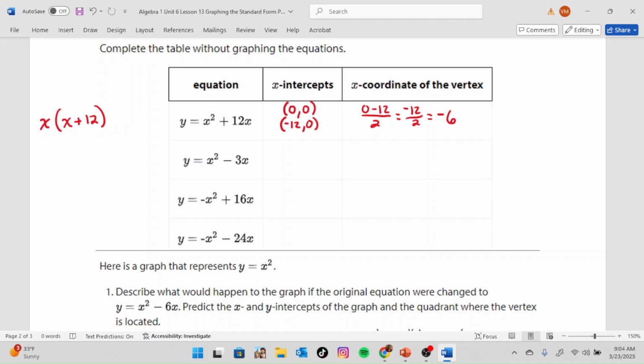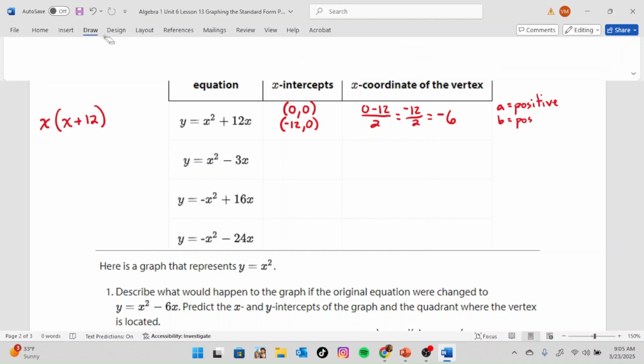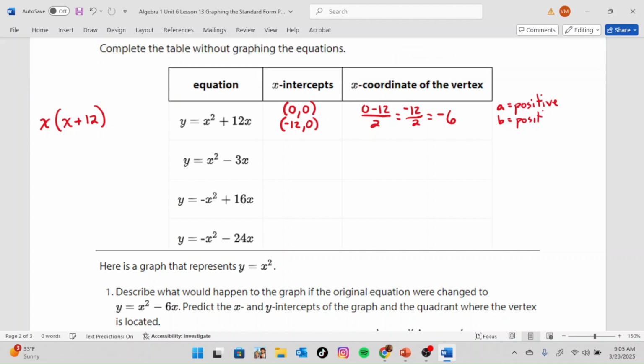So in this one, my A is positive, my B is positive, and we can see that my shift was down and to the left.